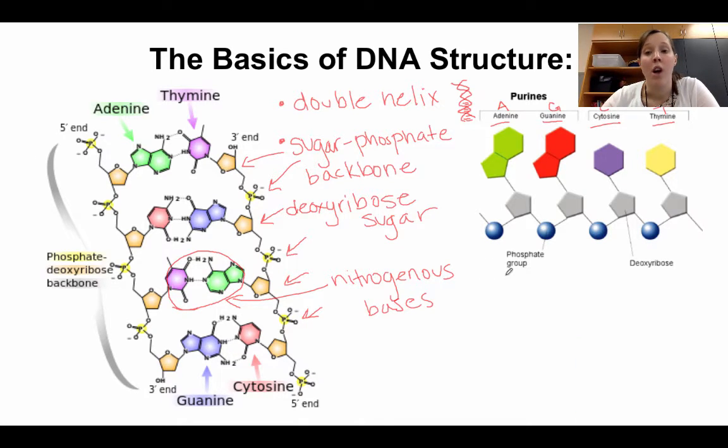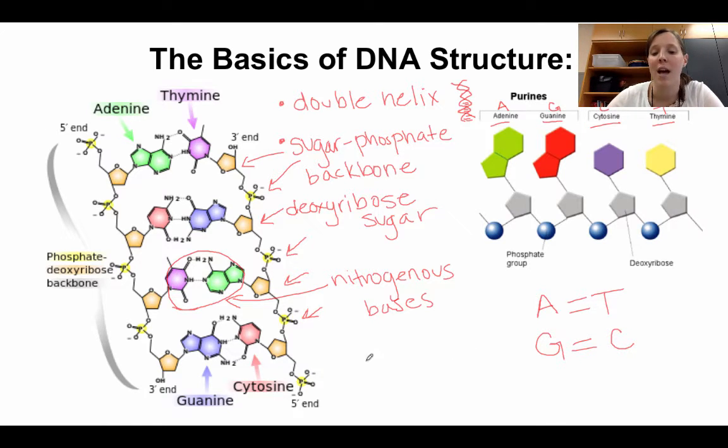And we now know that adenine will only pair or go across from thymine, and guanine will only pair or go across from cytosine. And so if you know which bases are on one side of a DNA molecule, you can tell which bases are on the other side.